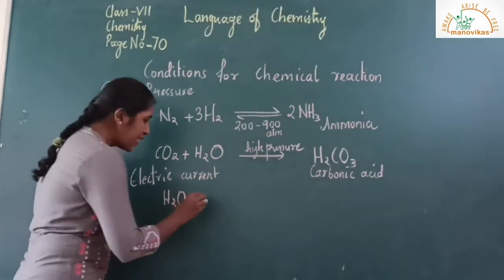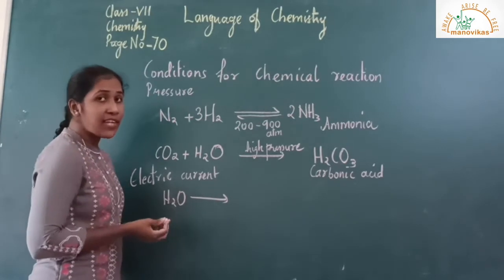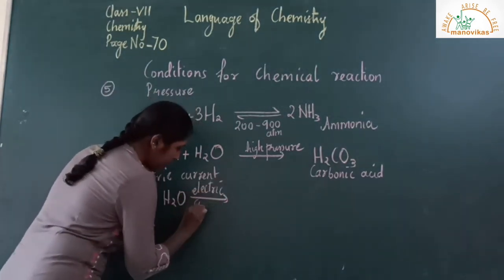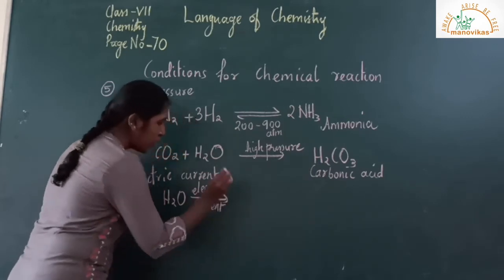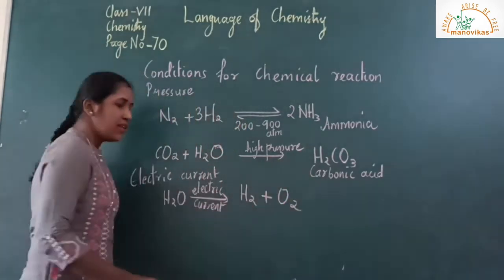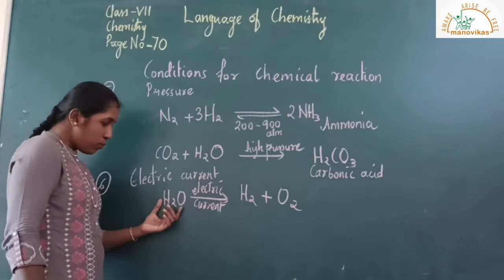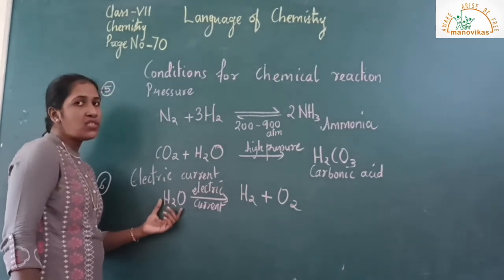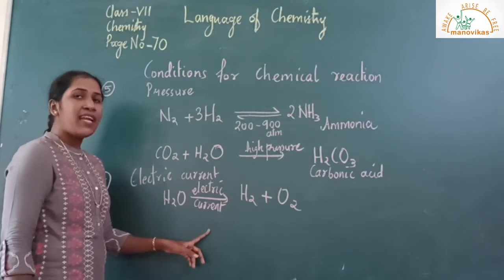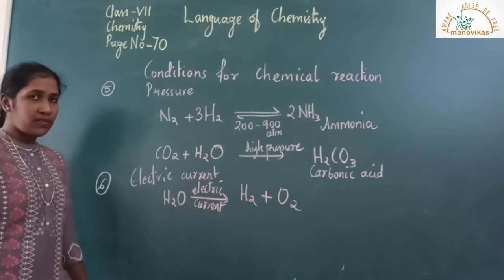Water can only get decomposed in presence of electric current, or you can say electric spark, and what you will get is hydrogen gas plus oxygen gas. So these are the two gases which will be obtained once the water undergoes the decomposition, that is in presence of electric current or electric spark. So this is about the electric current.